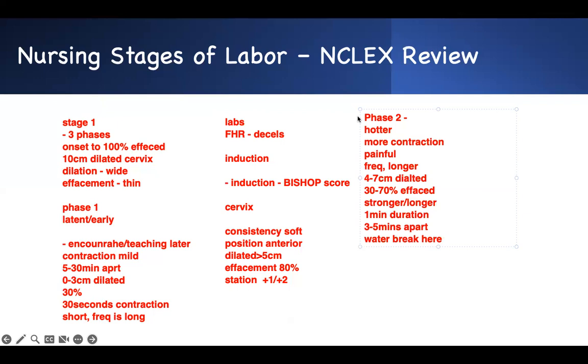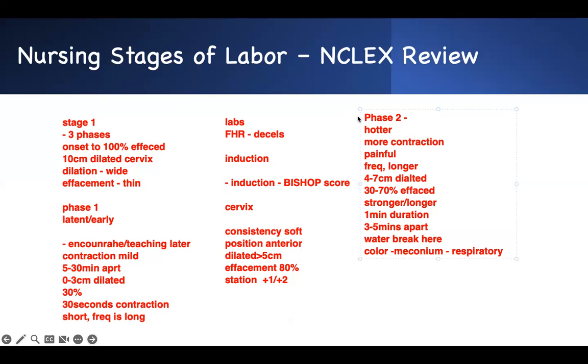If it does, check for meconium, look at the color, whether it's stained with meconium. That means the baby may have respiratory issues. So whenever the water breaks, you have to figure out what the color is, or ask the mommy, right?